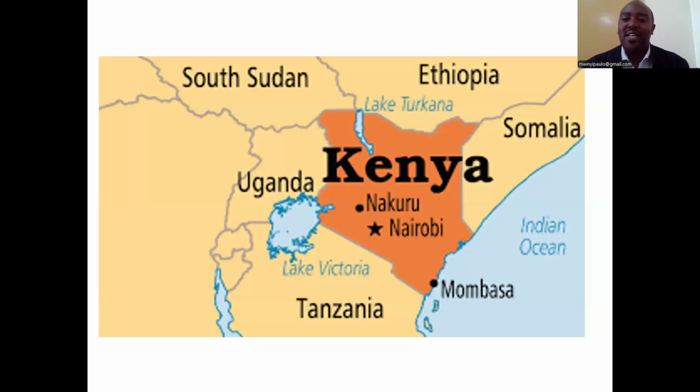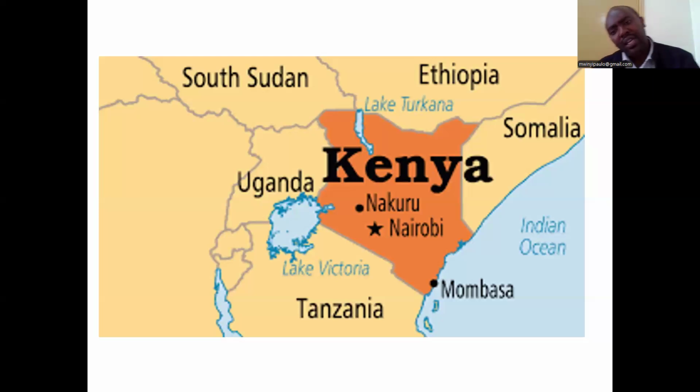And you can also see the other cities that we have in Kenya, namely Nakuru and Mombasa. We also have other cities like Kisumu and Eldoret, but I have not shown them because my interest is Kenya and the countries that border our country, Kenya.